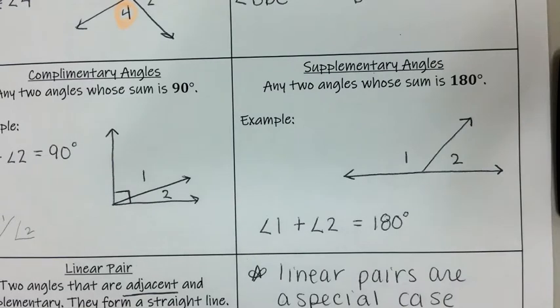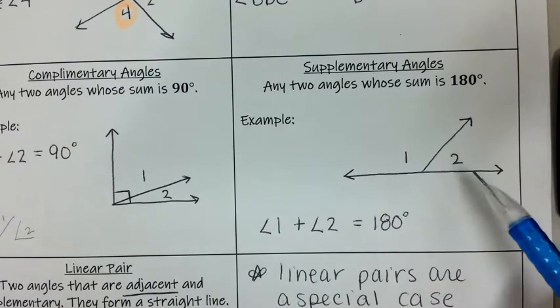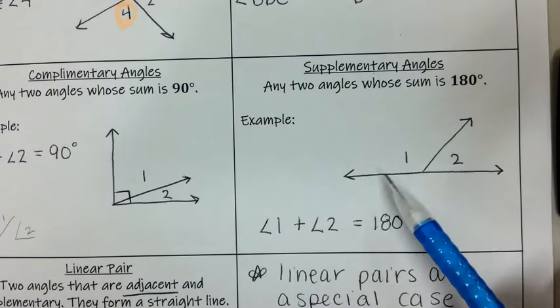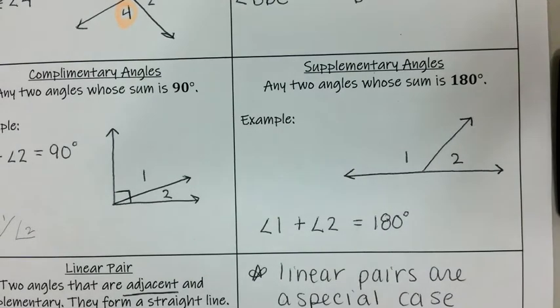Supplementary angles are two angles whose sum is 180 degrees. And again, these angles don't need to be next to each other. So in this picture, we have angle 1 and angle 2. Together they make a straight line. It's just easier to visualize that rather than draw a picture and show that it's 90 degrees.